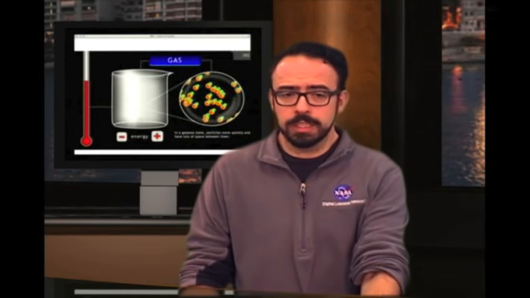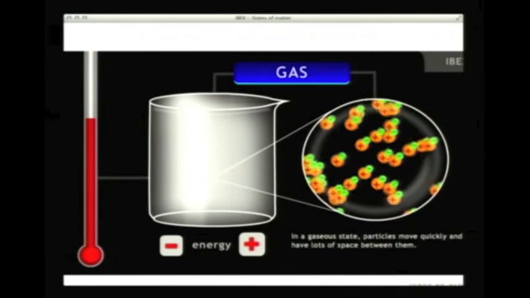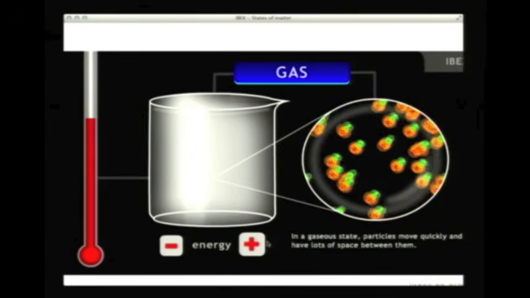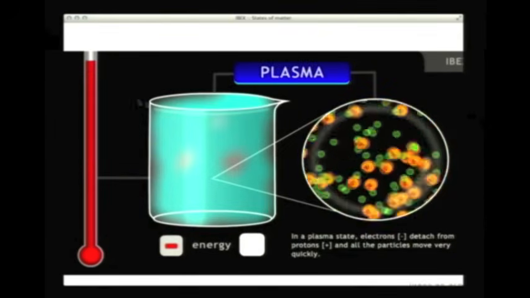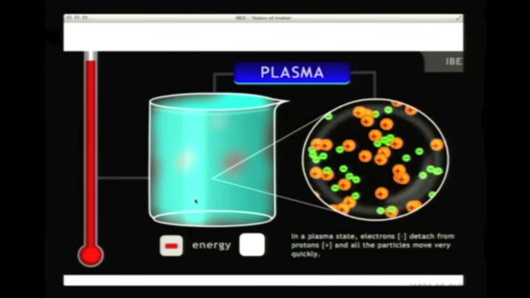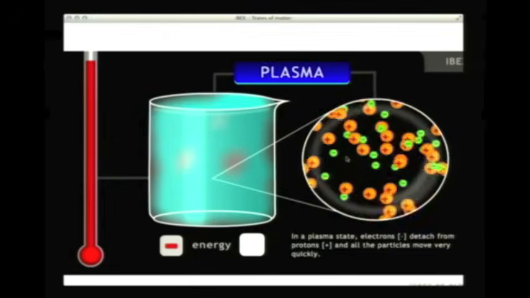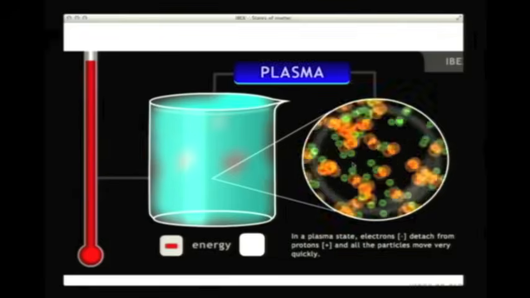Now, if you were looking closely, you'll notice there is still room at the top of this thermometer for our energy to increase. So what we're going to do is add a little energy. And when we add our energy, the temperature increases. Our state of matter now changes into a plasma. You'll notice it's glowing. And you'll also notice that the electrons have detached from the protons, and the particles are moving very quickly.